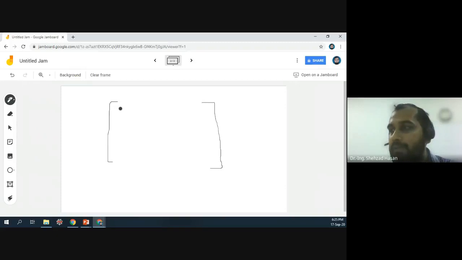So for example, let's call them with their names: A00, A01, A02, and so on. And similarly for the next row, you are going to have A10, A11, A12, and so on, right?